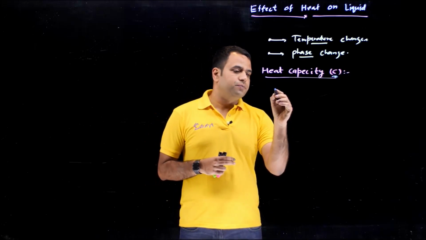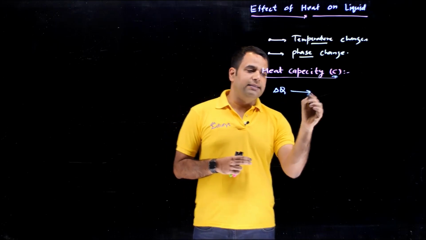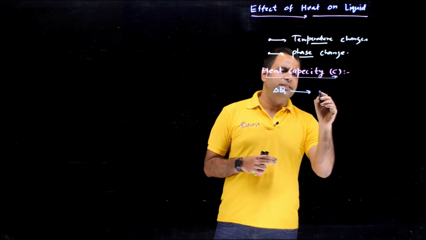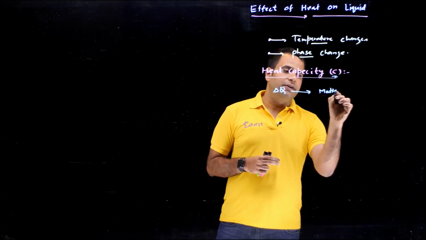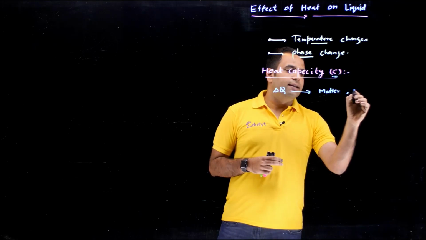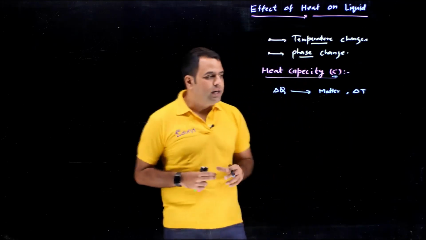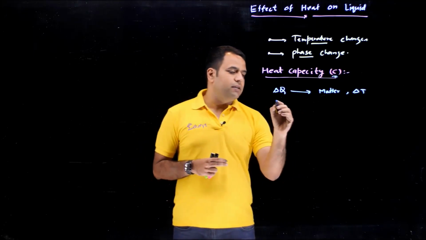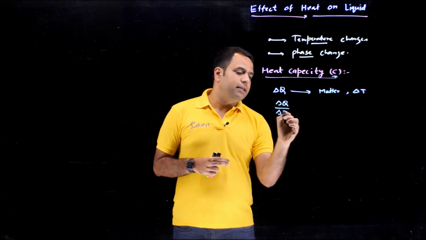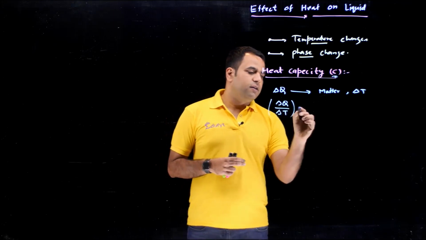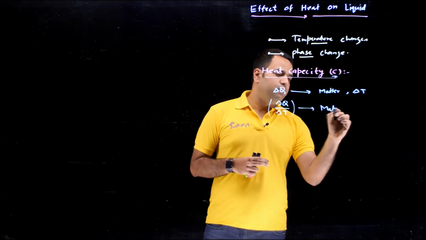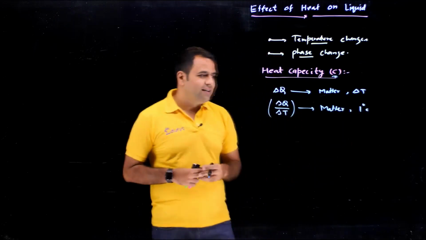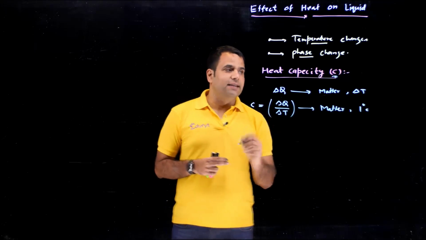So if delta Q heat is changing the temperature of a substance, any substance of any matter which is having constant mass, by delta T, then we can say delta Q by delta T heat will be changing the temperature of that matter by 1 degree Celsius, and that value is defined as C, that is heat capacity.